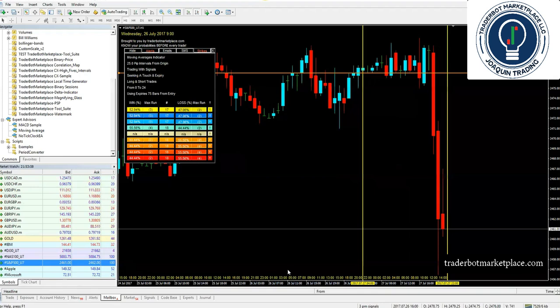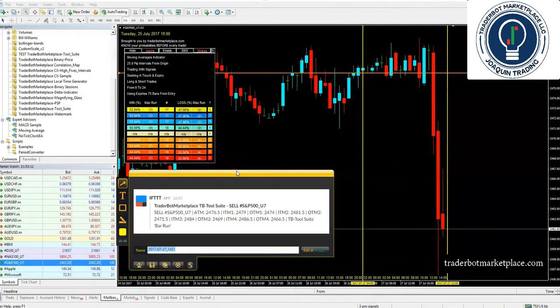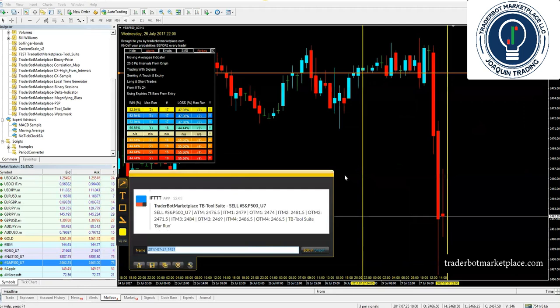The signals that come out, I know, have a better than 50% probability of expiring in the money. These are binaries. However, the same thing goes for Forex trades. I've actually been thinking about using the tool suite to push out some Forex trades as well. I just haven't done that yet.